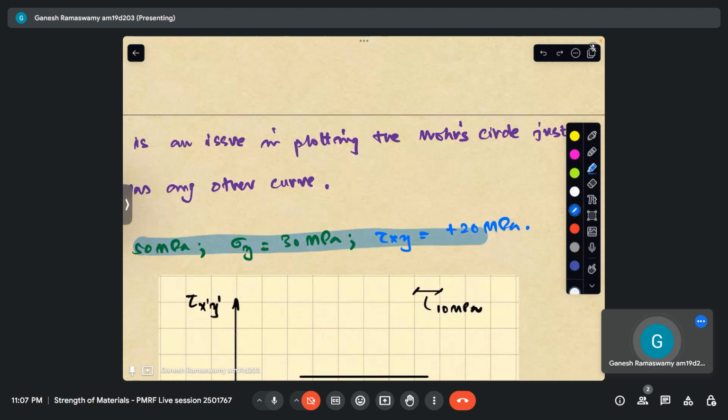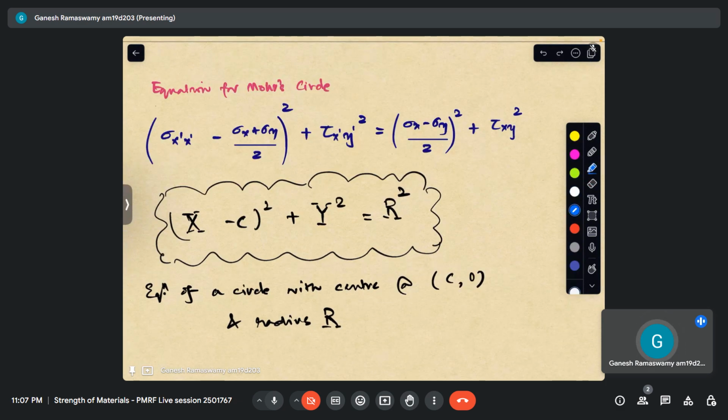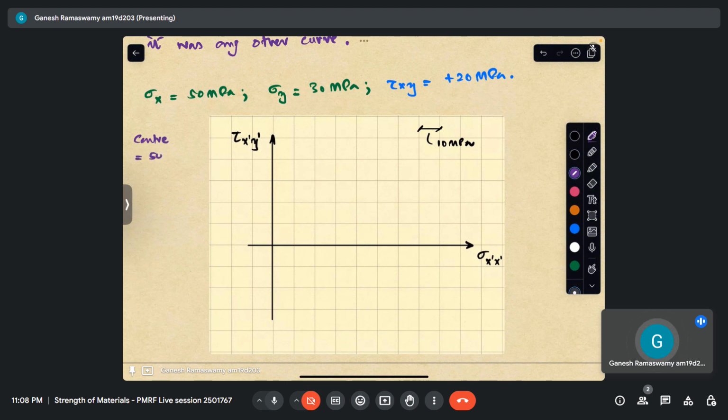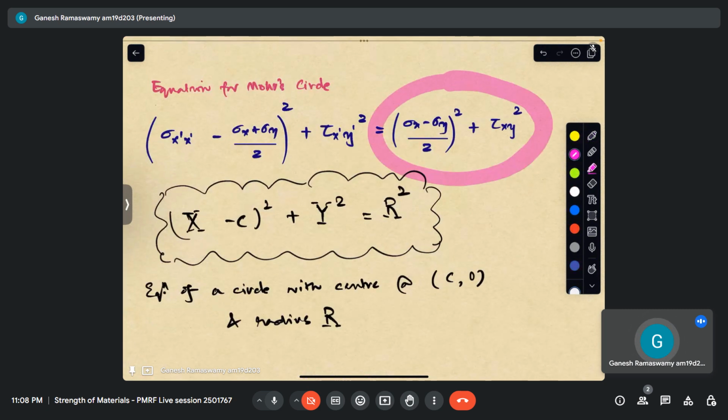For this stress state, what is the center of the Mohr circle? We know that the coordinate of the center is sigma x plus sigma y by 2. So the center is nothing but sigma x plus sigma y by 2, which is 40 MPa, and the radius is nothing but the square root of this quantity.